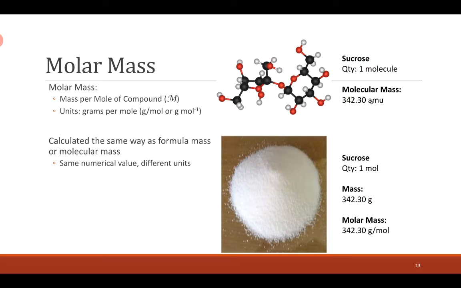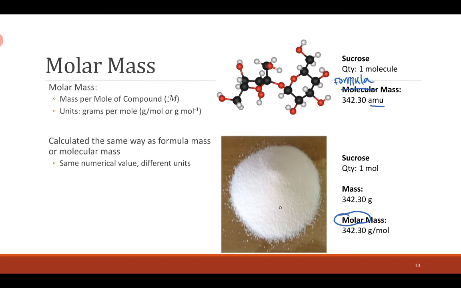So when we calculated formula mass, we added up the masses of all the different carbon atoms, hydrogen atoms, and oxygen atoms, and we could get a formula mass, also known as molecular mass if it's for a molecular compound. Then you can get this in atomic mass units. Molar mass is on the mole scale.